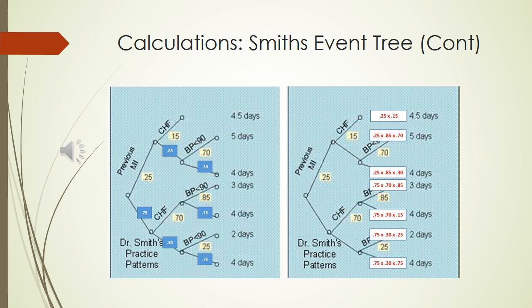For the probability of BP less than 90, we take the main branch, previous MI, times the 0.085 of the opposing branch of the CHF, and multiply it by the probability of the BP less than 90 branch, which is 0.0870, to get that total probability. The same can be done to all of them, and you'll see in the following slide how this can be useful for us.